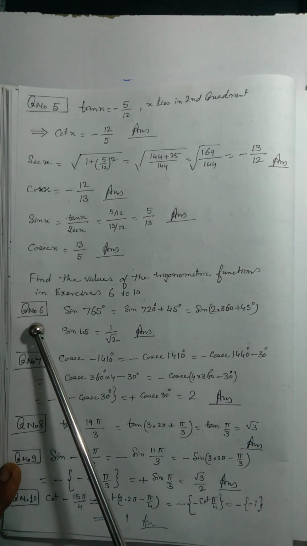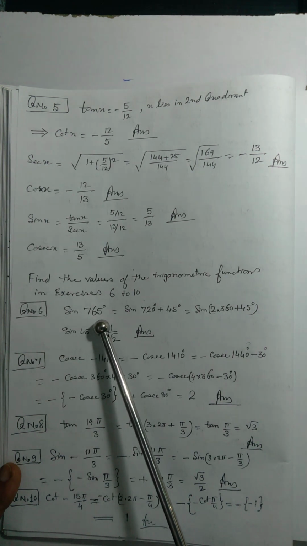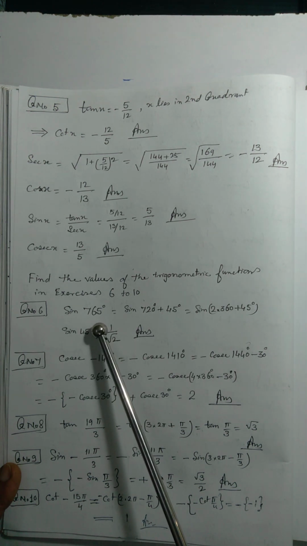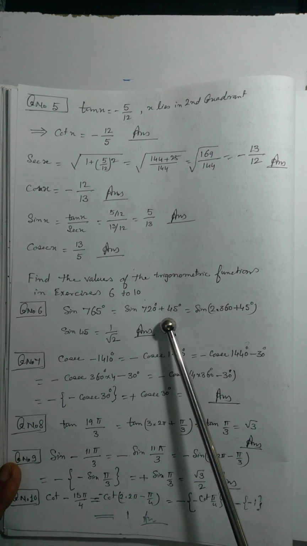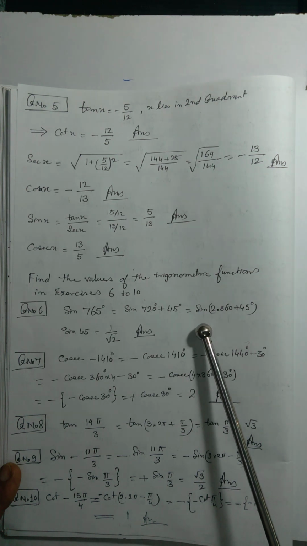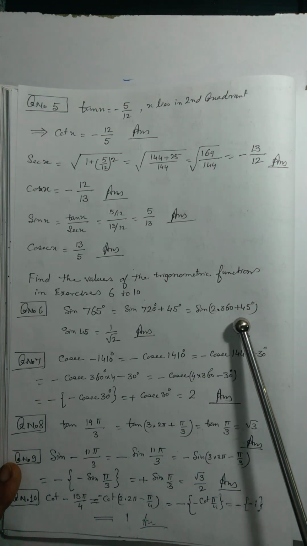Now you see question number 6. Sin 765. Sin 765 can be further written like this: sin 720 plus 45. That will be equal to, further we can write it, sin 2 into 360 plus 45.